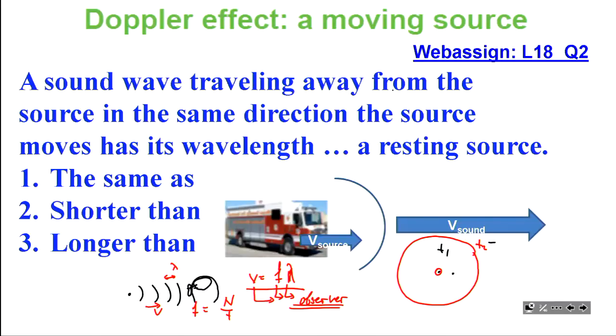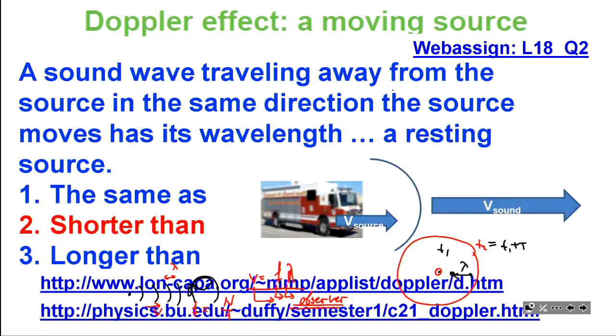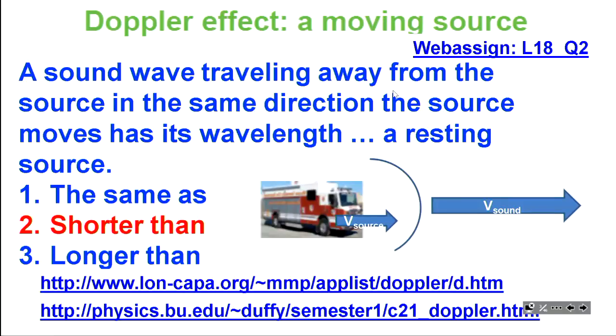The easiest way is to think that we waited exactly one period, which means now a new front starts traveling away, and the distance between two adjacent fronts, that's what the wavelength is. So the answer to this question is: in front of the moving source, wavelength shrinks, but behind the moving source, wavelength expands.